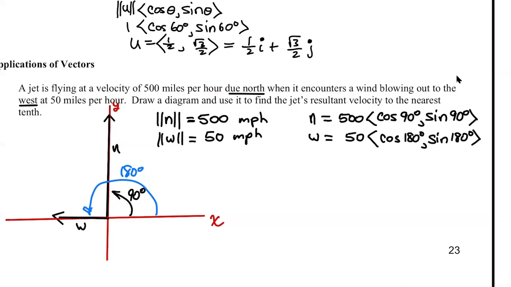We can do it graphically, we can do it numerically. If we want a nice visual on this, I can come up with the opposite sides, and then use that to determine the resultant.